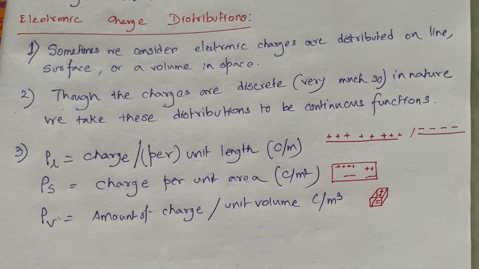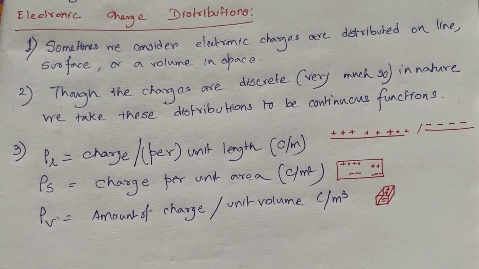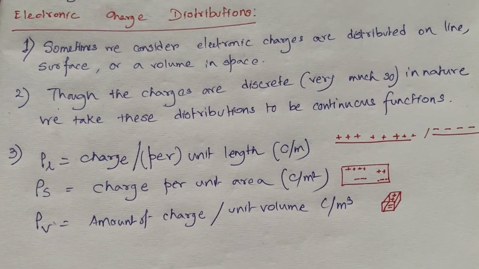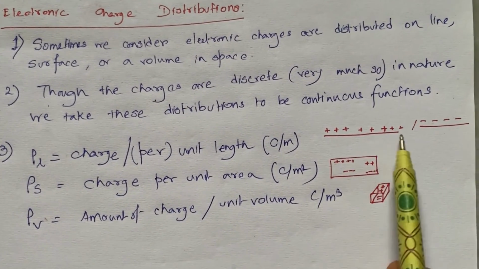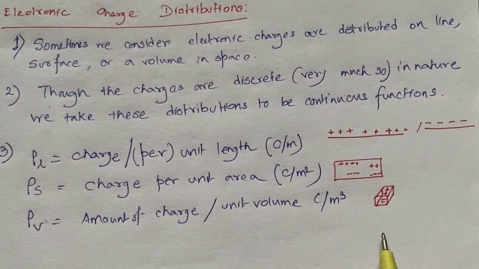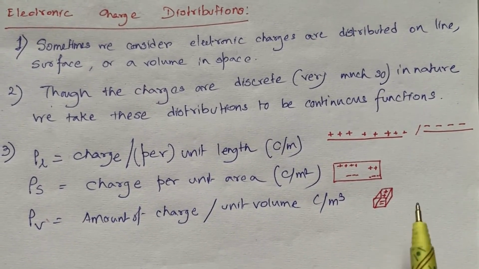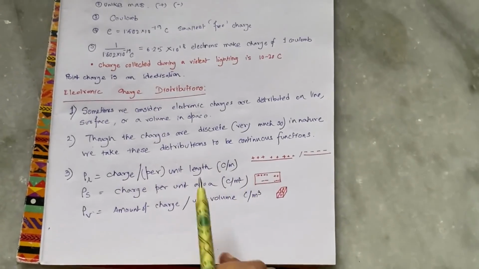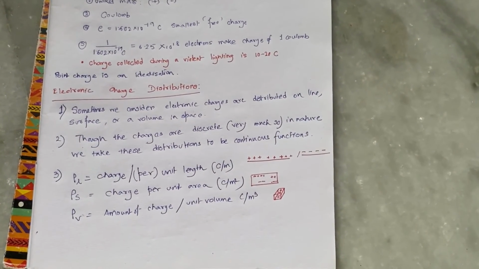In various problems we encounter charge distributions, like charges distributed along a length, along a line, like this. Sometimes we find charges distributed on a surface. Suppose I have this copy, and the surface of this copy has some charge distribution on it.